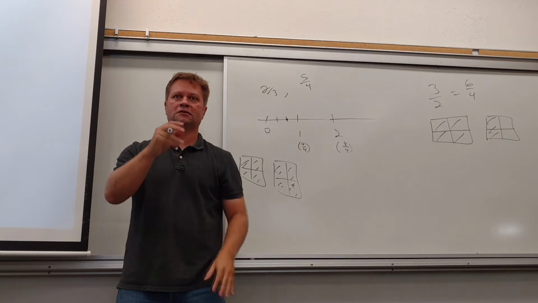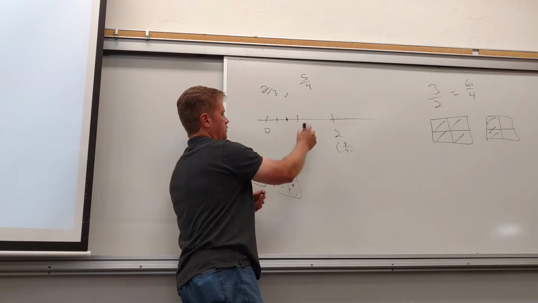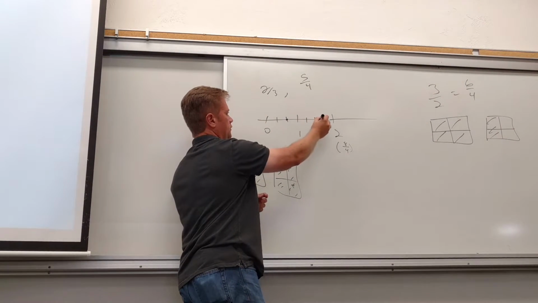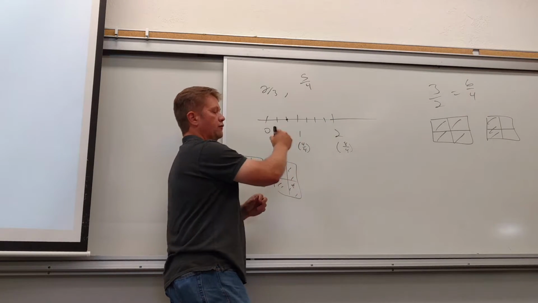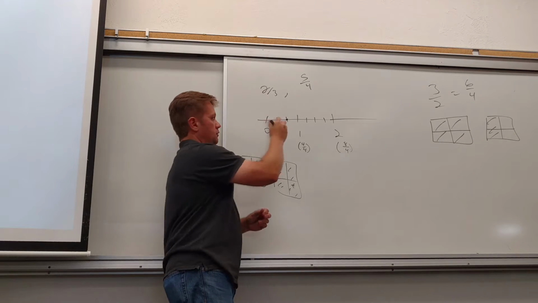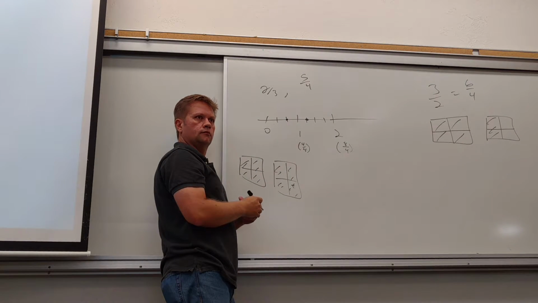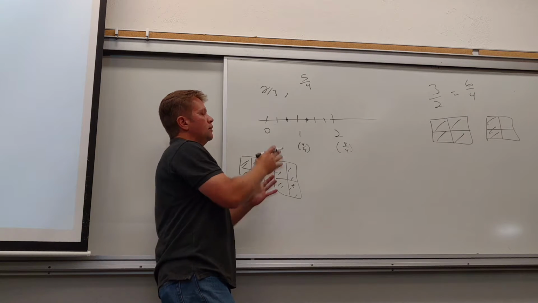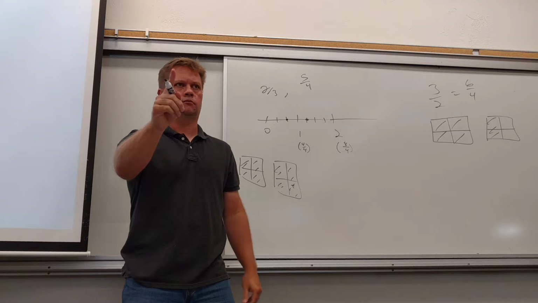So where's 5/4? That's 4/4, 5/4, 6/4, 7/4, 8/4. Careful, not halfway. Halfway would be 6/4. No, the first one. Yes, that's 5/4. So you've got to know that 5/4 is bigger than 1.